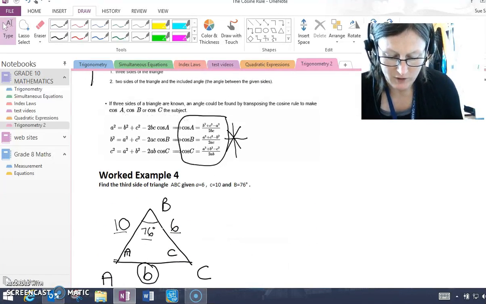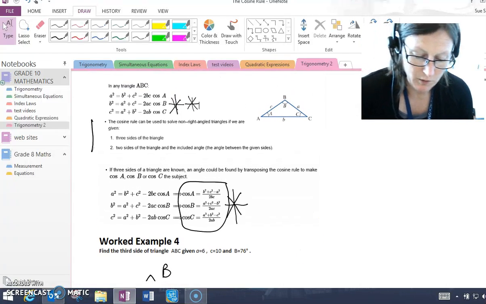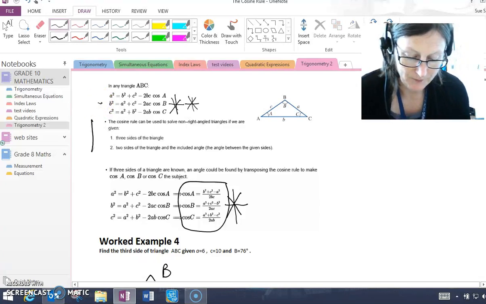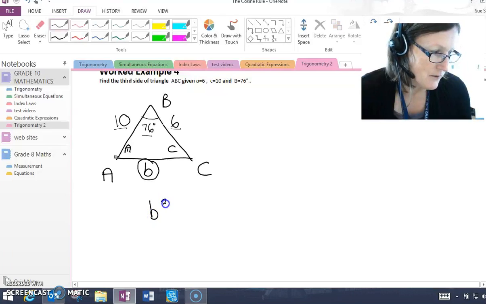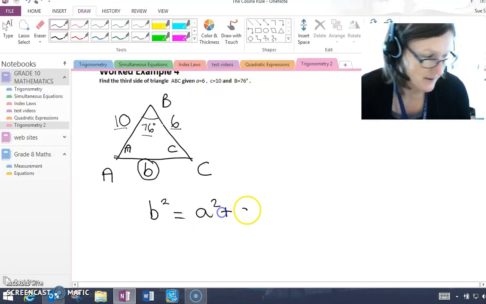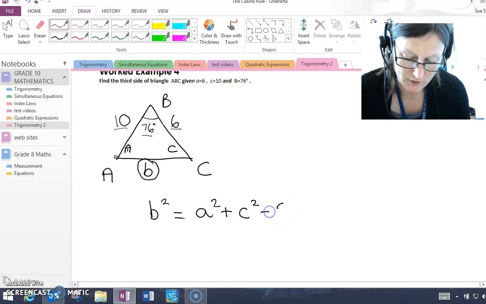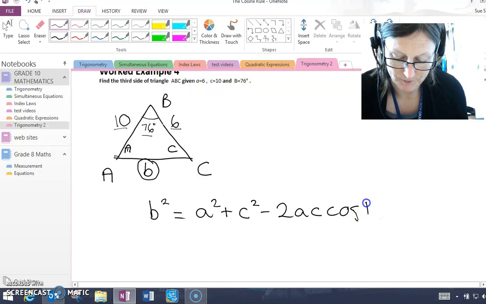The side we are trying to find is called side B. So we will use this one here. So we write B squared equals A squared plus C squared minus 2AC cos B.